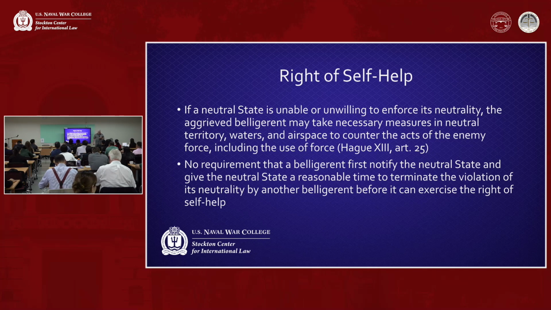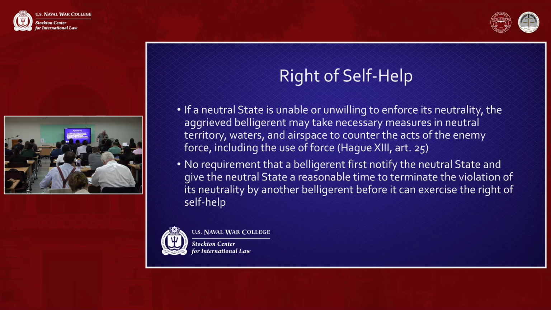So let's say the situation that I used as an example before, where you have a belligerent warship loitering in the Strait of Malacca because it doesn't want to get attacked when it comes out on the other side, and Malaysia and Indonesia aren't doing anything to make that ship continue on its voyage.